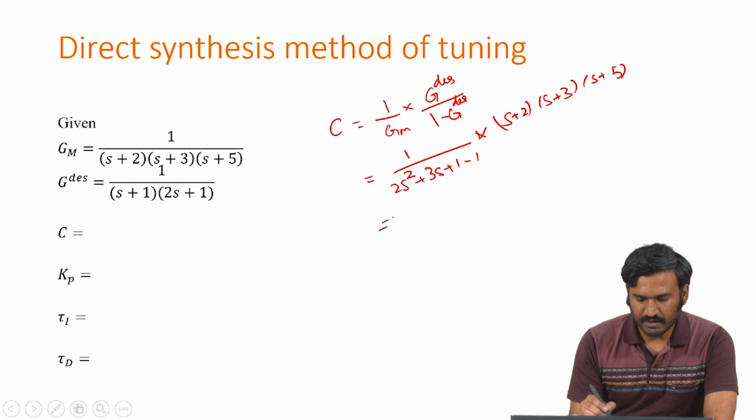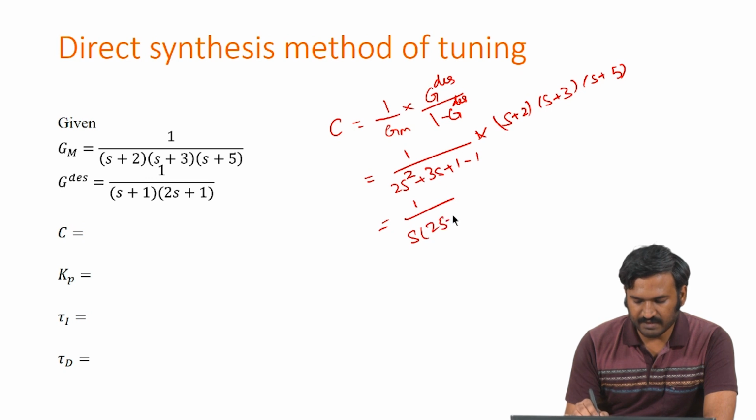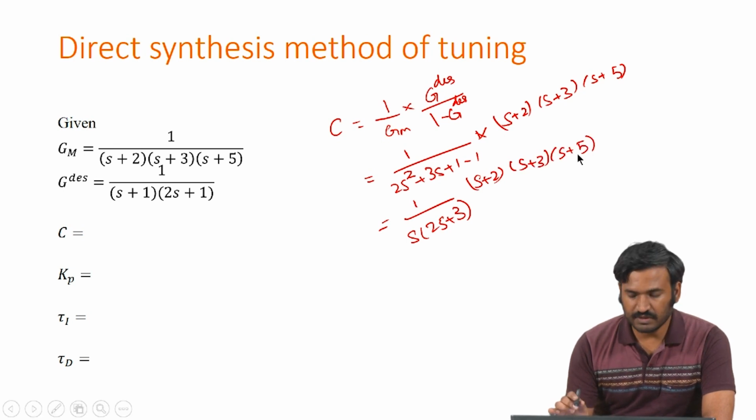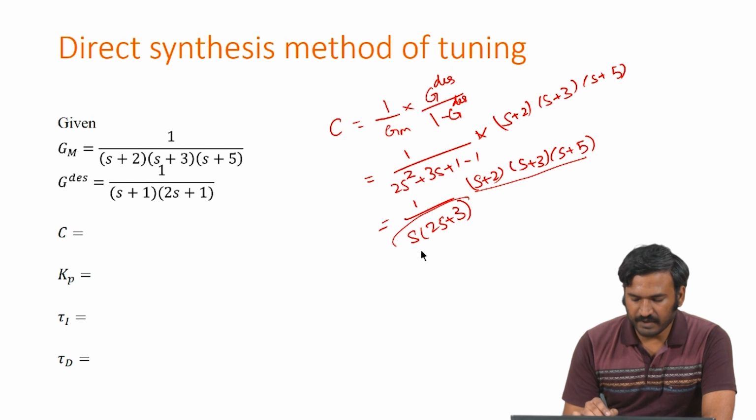So that will be 1 by s(2s plus 3) times (s plus 2)(s plus 3)(s plus 5). Now note this, we have a third order polynomial in the numerator, whereas a second order polynomial in the denominator.